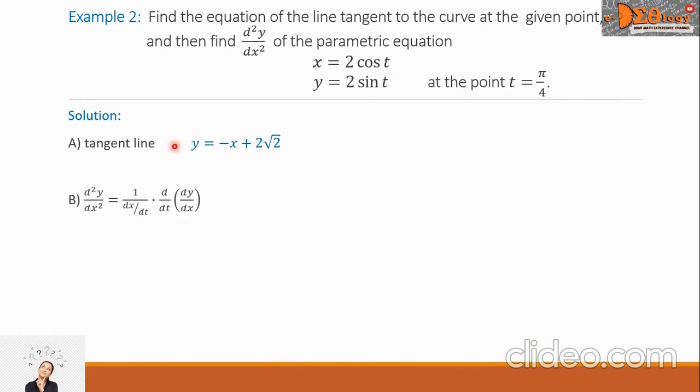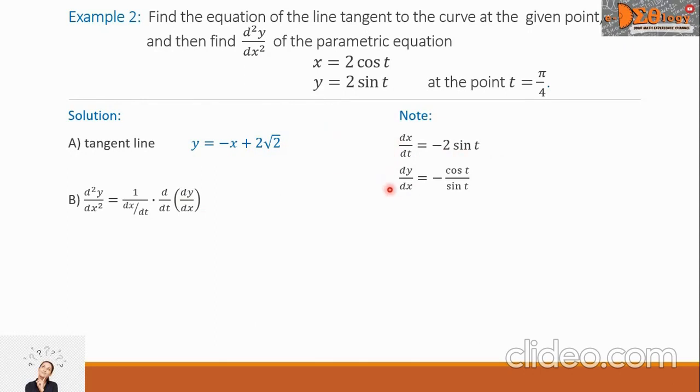Next, let us solve for the second derivative. For this formula, we need the values dx over dt is equal to -2 sine t. We were able to get this value a while ago.